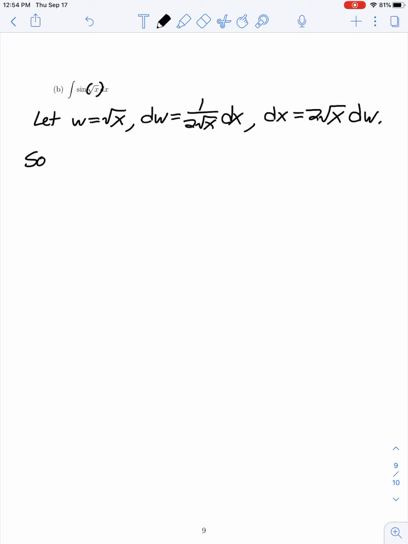So rewriting my integral, which was sine of square root of x dx, in terms of w, I have the integral of sine of w, and then dx was equal to twice the square root of x dw.